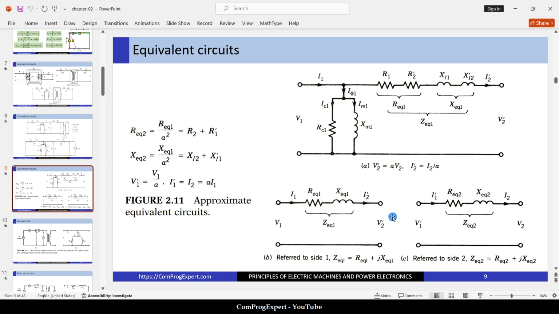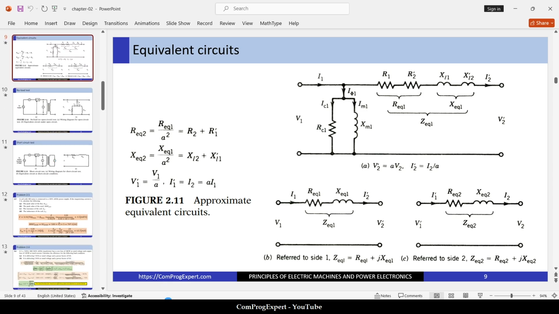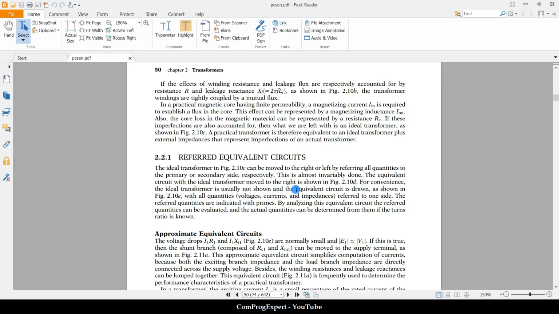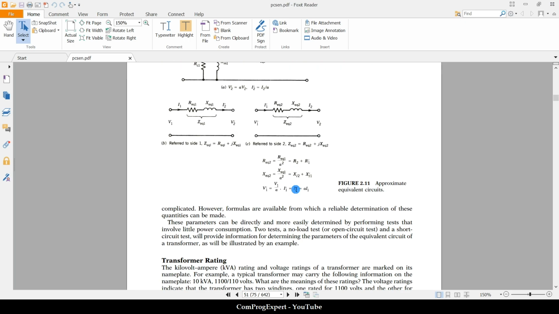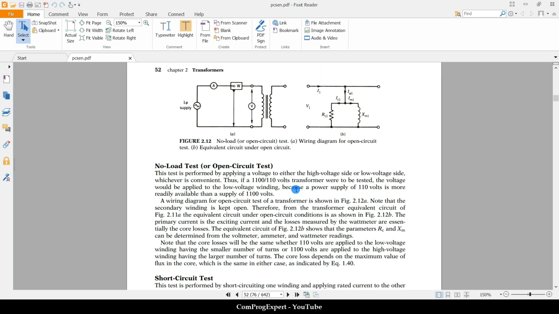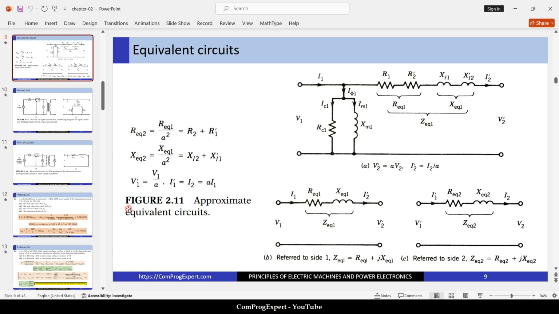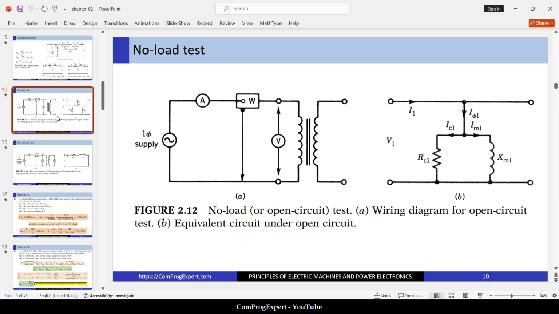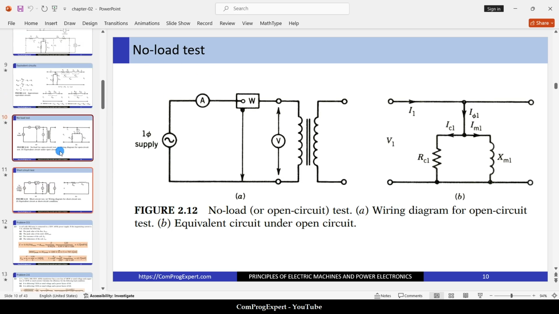We have a minimum number of elements because in a large power system we have lots of elements, and simplified models for transformers are necessary. So again, you remember from the chapter, to determine the parameters of a transformer, we have two tests: the short circuit test and the open circuit test, the no load test.